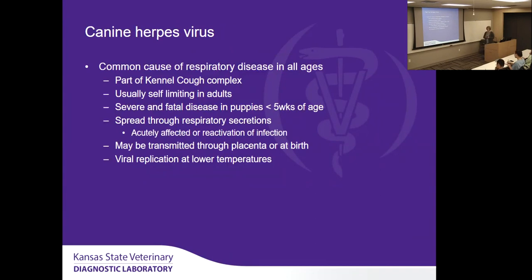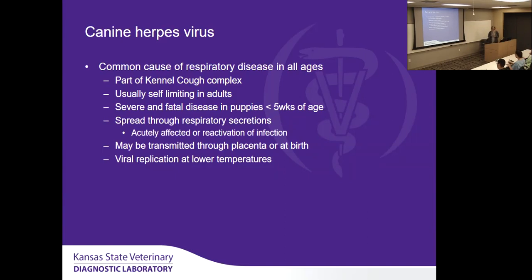So it's spread through respiratory secretions, usually from the mother. And they can also get it through the placenta while they're still in utero or at the time of birth. So it's really easy for the mother to pass it. And the thing that you need to remember with all herpes infections is once the animal's infected, it's there for life. So the adult may not be showing any signs or have ever showed any signs, but it's usually living in the trigeminal ganglia in the nervous system.